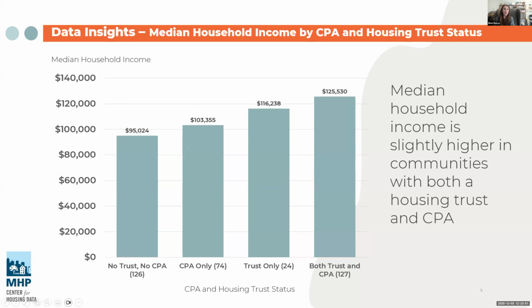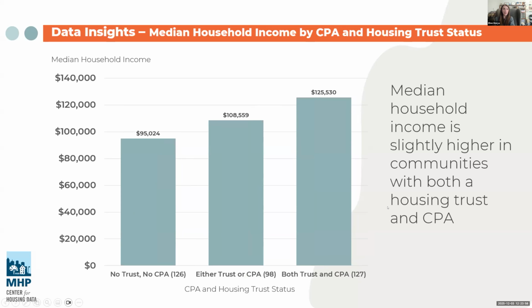And then these middle categories with only one or the other have smaller numbers in them. If we just combine those two, we can see this pattern a little bit clearer: you have the lowest median household income in those communities with neither of these tools, with one or the other is in the middle, and then the highest median income in those communities with both.